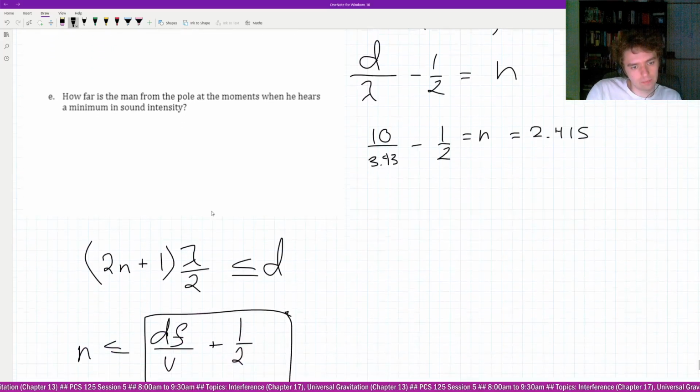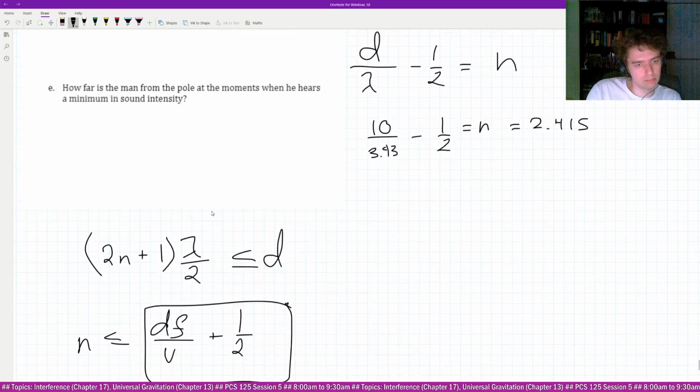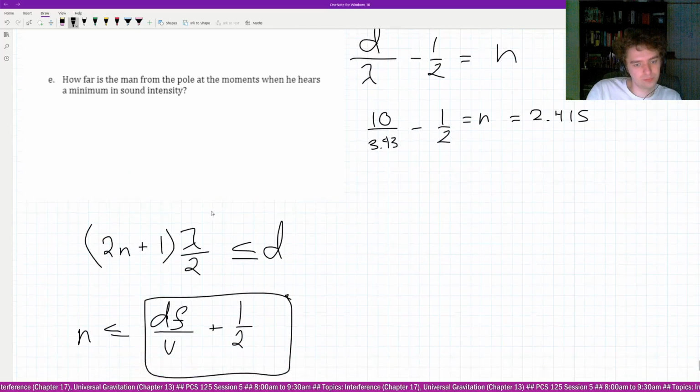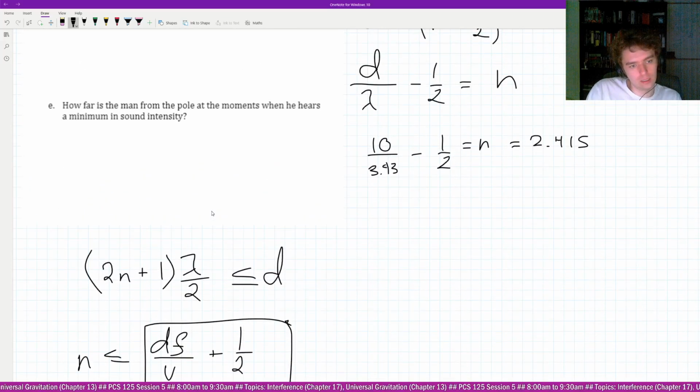And so n is less than that, and that is the maximum number of times that you would hear it, I guess. Those are both bound by R2 minus R1. R2 minus R1 maximum is d. R2 minus R1 at a destructive point is 2n plus 1 times lambda over 2.